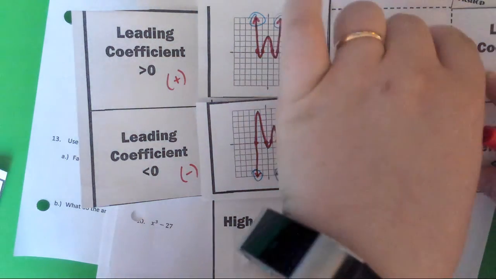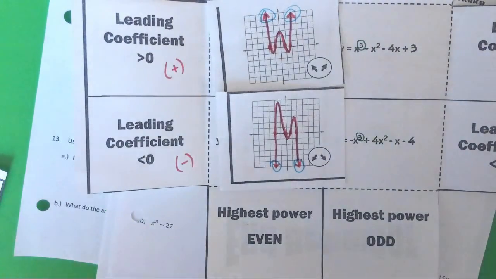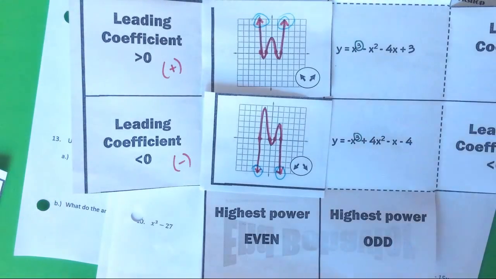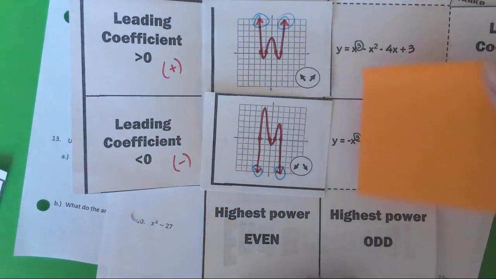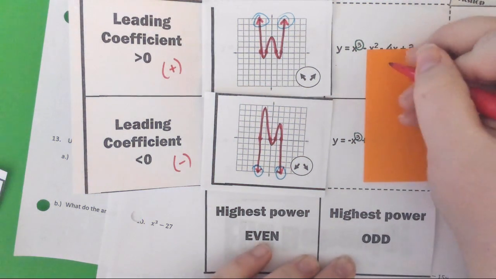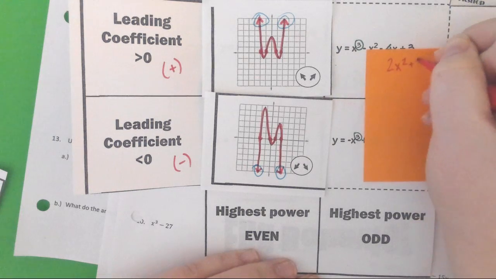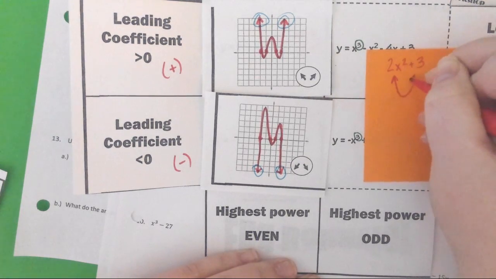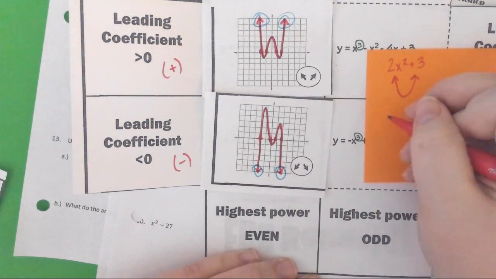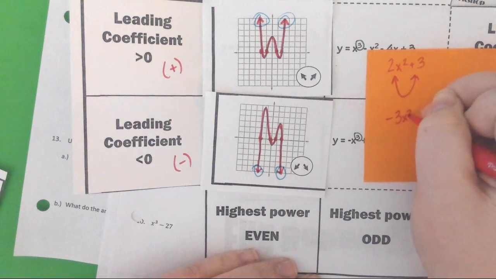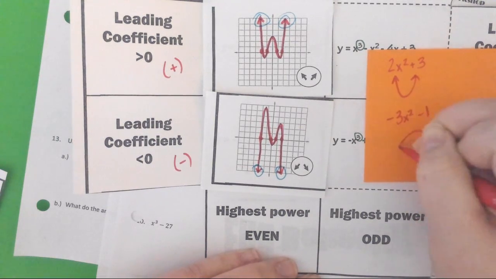And I think you already knew this anyway, because we've been dealing with, you forgot the word parabola the other day, but we've been dealing with parabolas for some time now. And if I had shown you the problem, like I want you to graph 2x squared plus 3, you would have told me it was a happy face. And if I had said graph negative 3x squared minus 1, you would have told me that was a sad face.